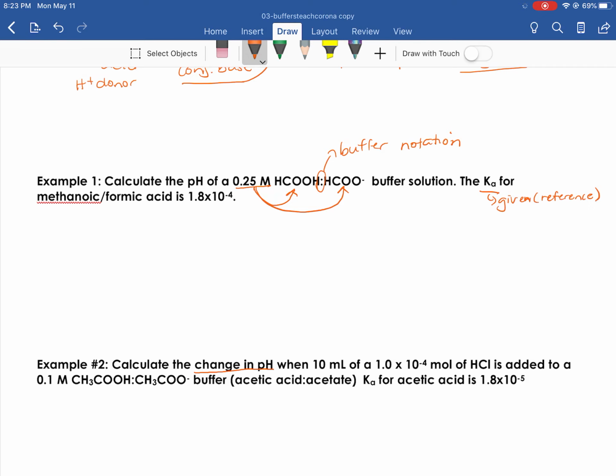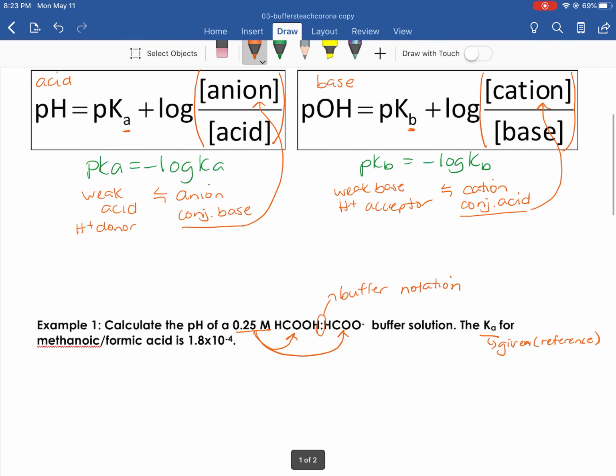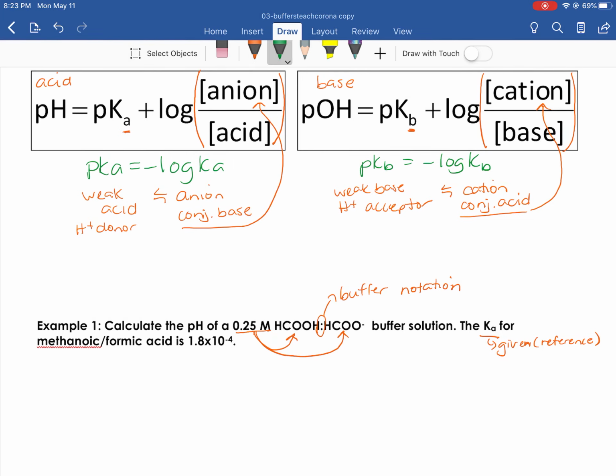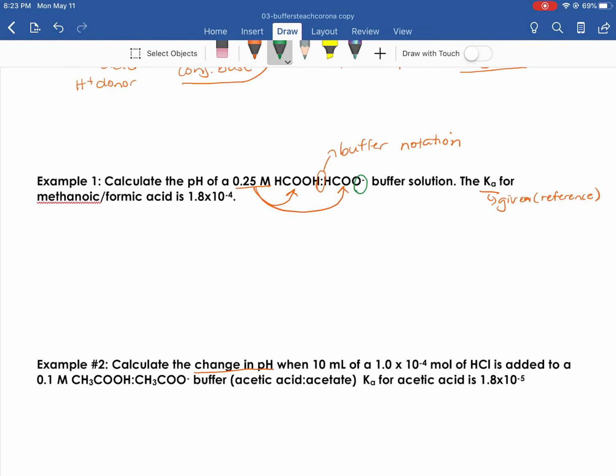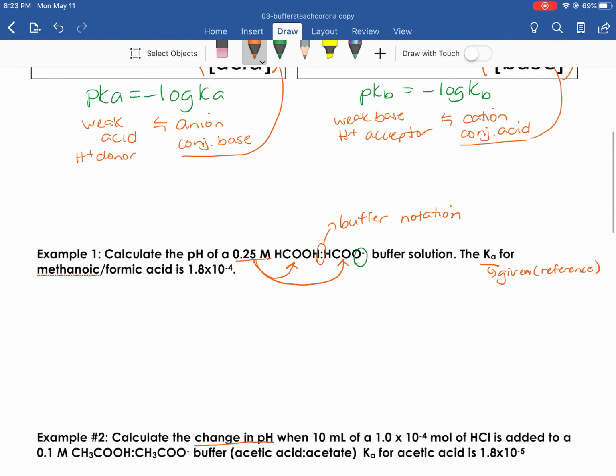So then you can use the Henderson-Hasselbalch equation. So again, an anion is negative, there's the anion side. But when you have buffer notation like this, they're both 0.25 molar, so their concentration happens to be equal. Now, it doesn't have to be perfectly equal. Usually it is, or usually they're pretty close.